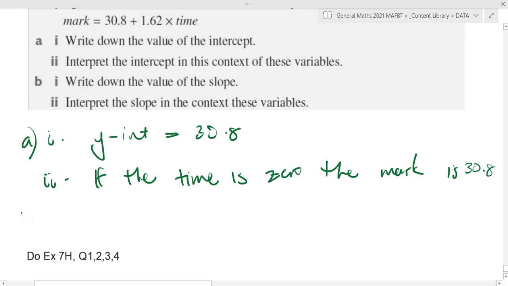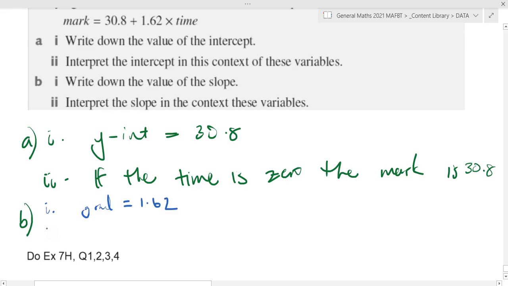Okay, and in part B. What is the gradient or the slope here? Alright, Bobby, what's the gradient for this one? Look at the formula up here. Oh, 1.62. Good. Alright, so the gradient is 1.62, and how do I interpret that?